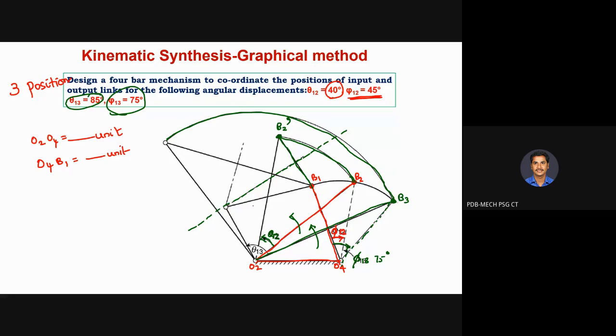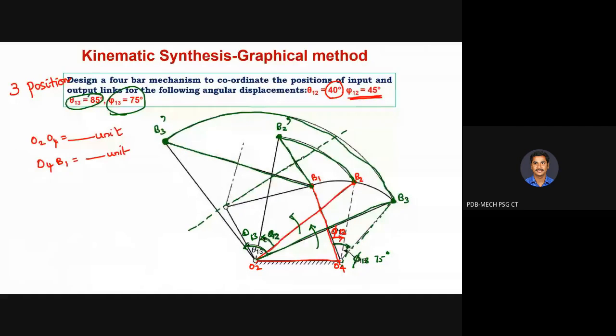So this diagonal is rotated by theta 13, that is 85 degree. So what is this point? B3 dash, sir. Exactly, you get B3 dash. Then what should we do? B3 dash and B1 should be connected. Correct? Yes sir.